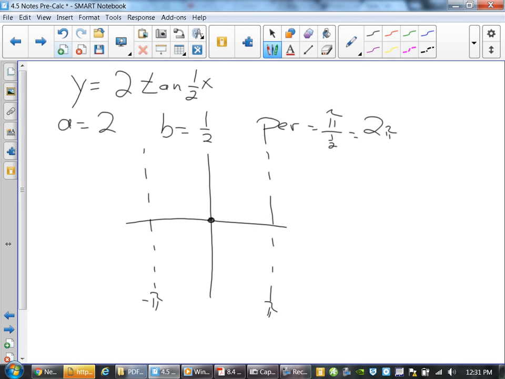Your asymptotes are going to be at whatever your period is divided by 2 on either side of the origin when you start. When we go to shift everything, we still do the same idea, and then we just move them by adding or subtracting values.